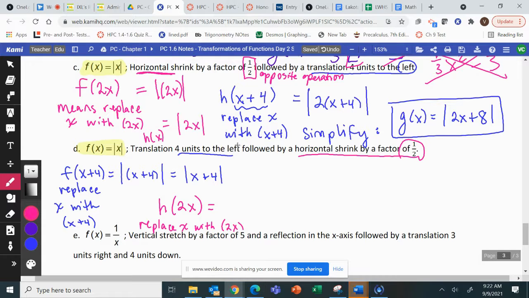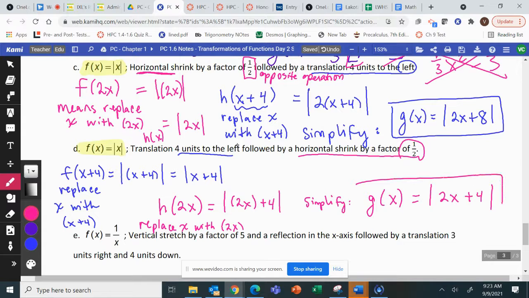So I take my previous equation, absolute value x plus 4, and I replace x with parenthesis 2x plus 4. I'm going to simplify it. G of x equals absolute value 2x plus 4. So does order matter? Yes.